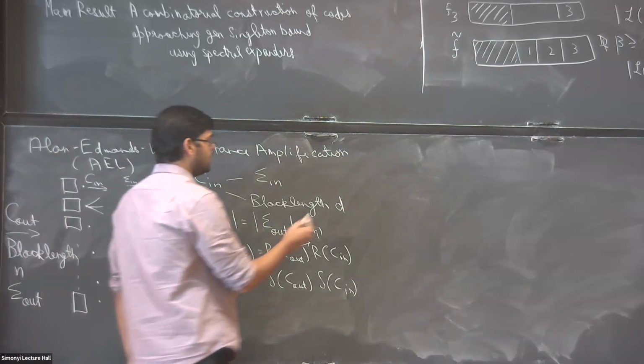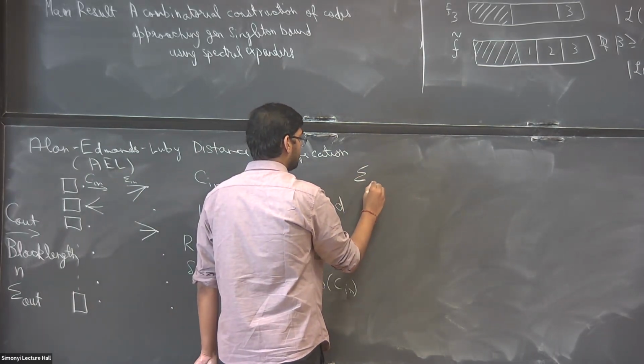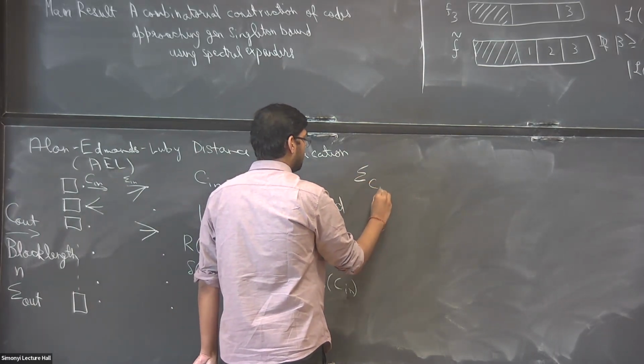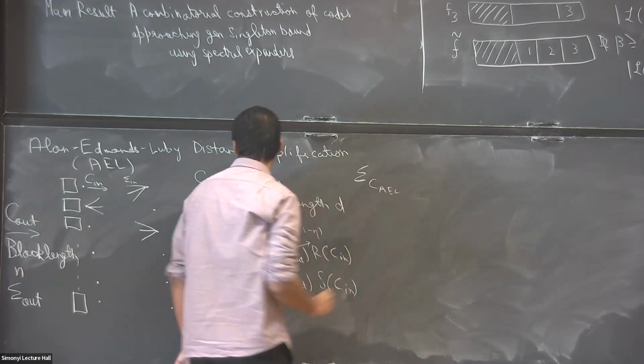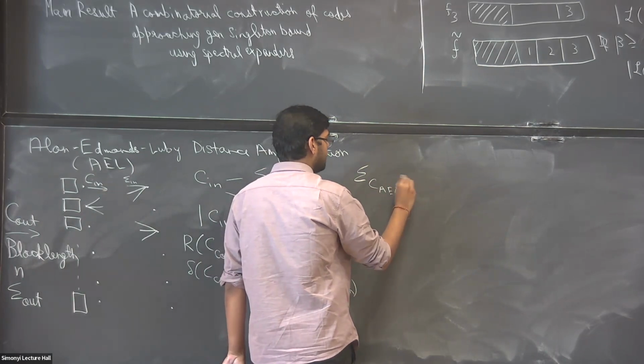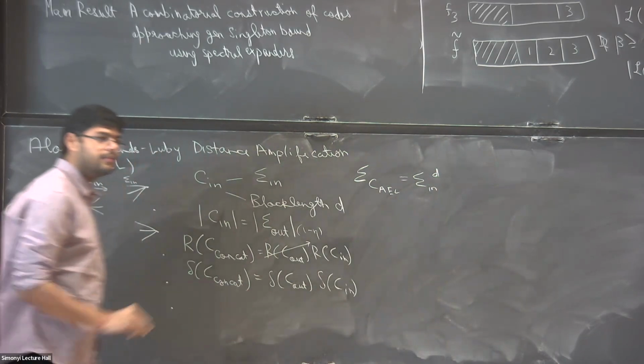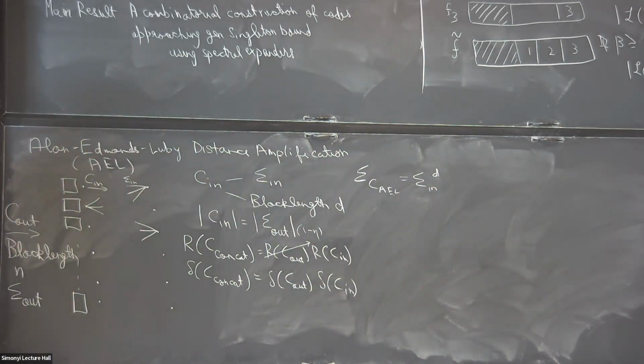So if I call the final AEL code C_AEL, then sigma_C_AEL is sigma_in to the D. This operation of bunching together multiple symbols into a single one is called folding. This is precisely what was going on with folded Reed-Solomon codes.